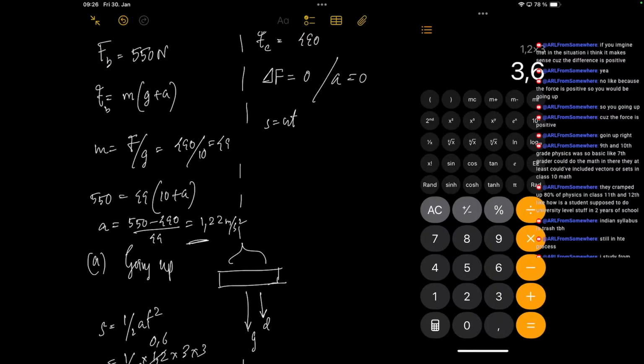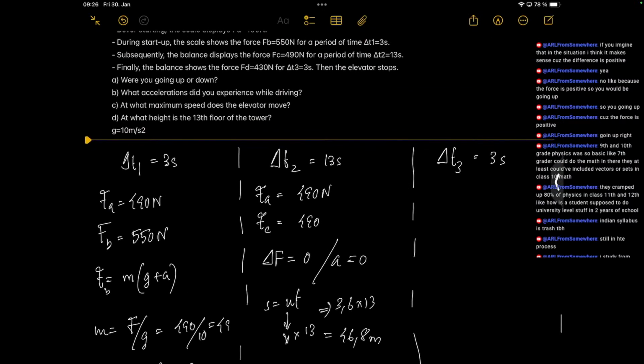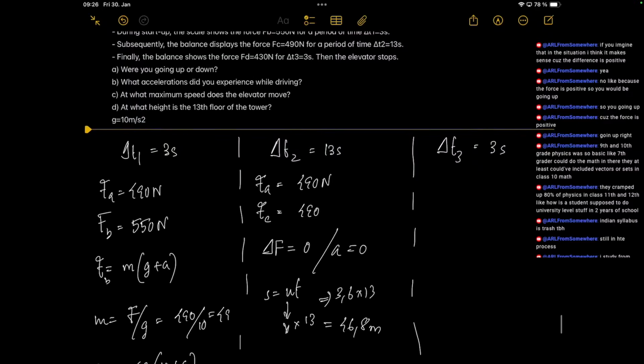S is equal to U T. 46.8 meters. Okay. 50 equals 430 Newton.